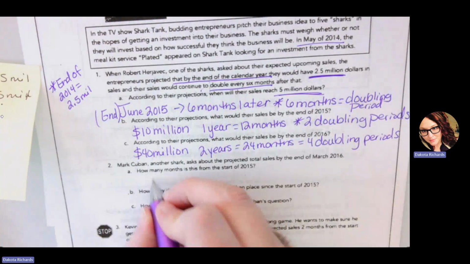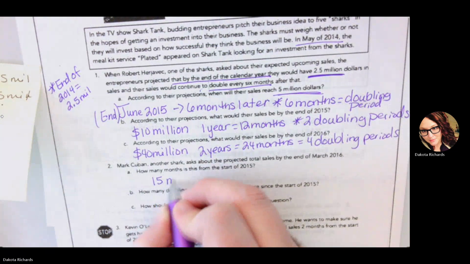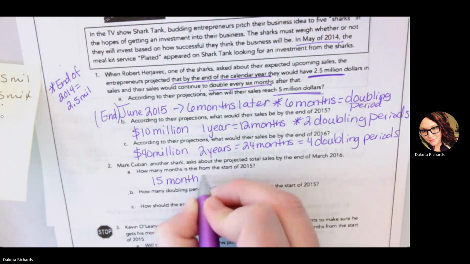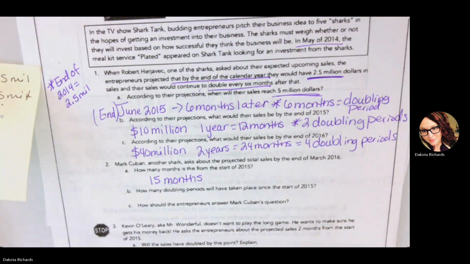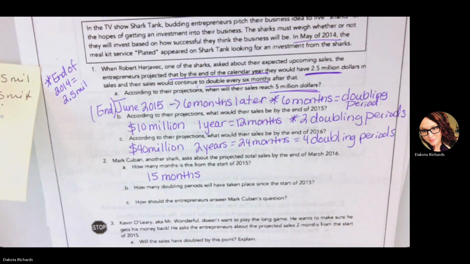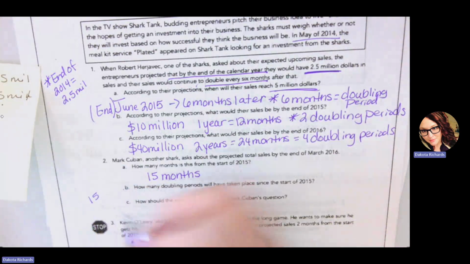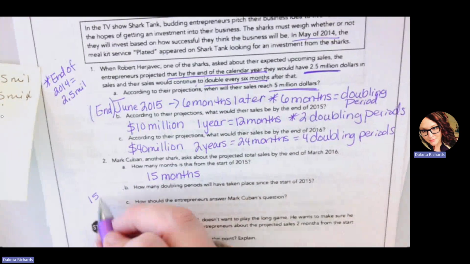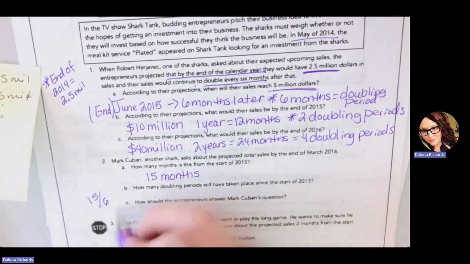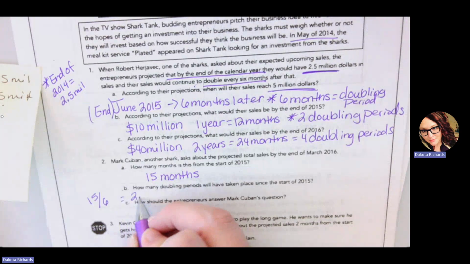So that's 15 months. How many doubling periods have taken place since the start of 2015? Well, 2015, there would have been 2, so 2.5. Yeah. And if you're not sure, you can take that number, 15 months, 6 months is the doubling period. You can divide it by 6. You should get 2.5.